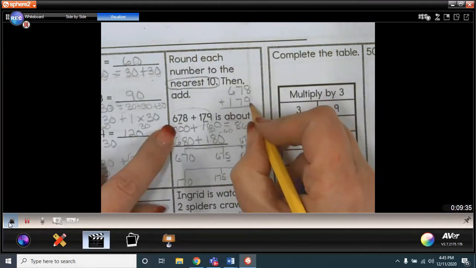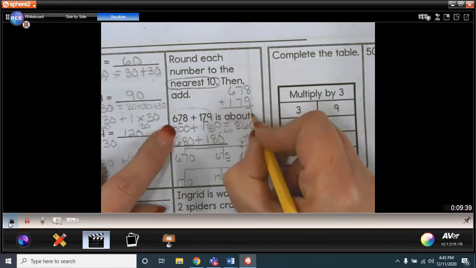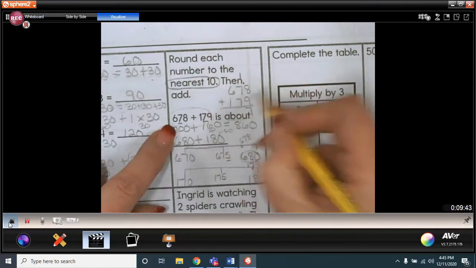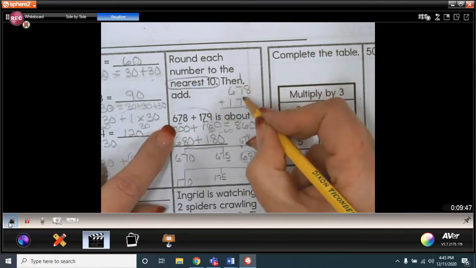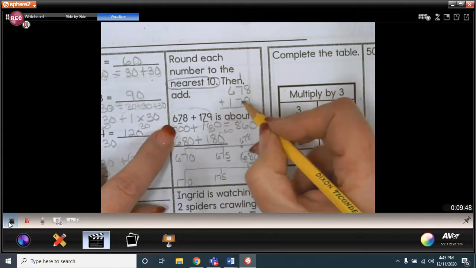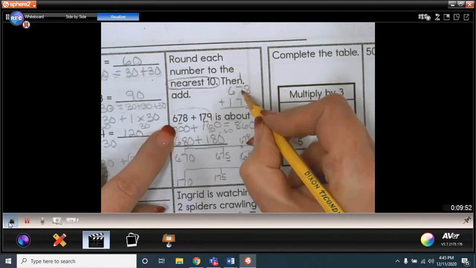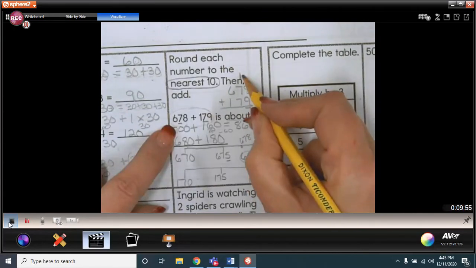A doubles plus 1 would be 8 plus 8 is 16. 1 more would be 17. That 10 from the 17 gets carried, and now I have 1 more 10 to add here. So 70 and 70 is 140, plus 1 more 10 is 150.